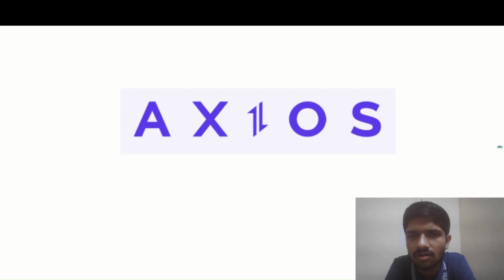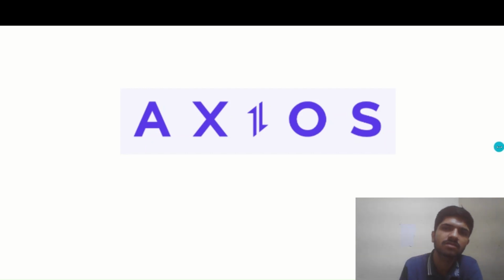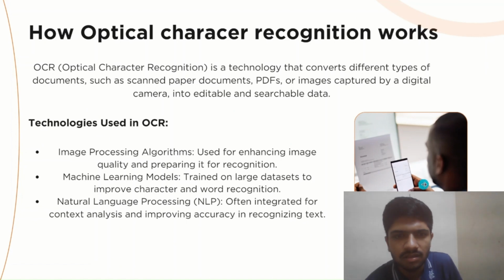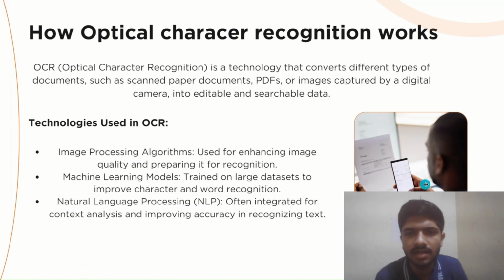Next, we will talk about how optical character recognition works. OCR technology is used to convert handwritten or printed physical data into digital format, into searchable and editable form.